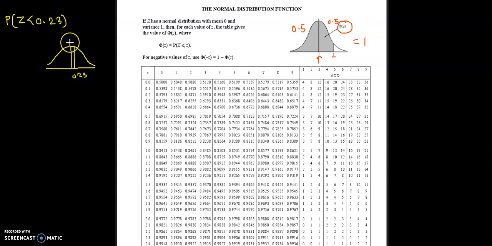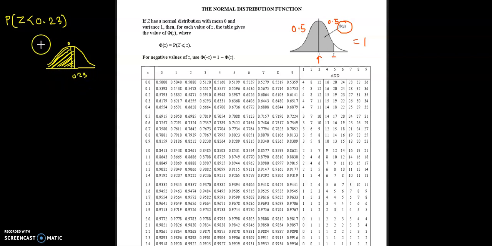If this is 0, what do I mean by z less than 0.23? This means this shaded part from negative infinity to the point 0.23.